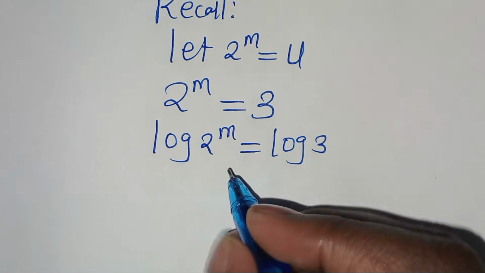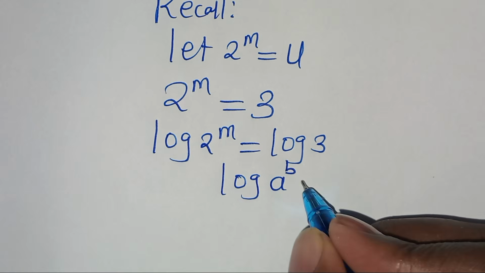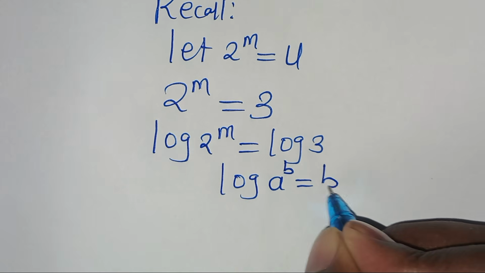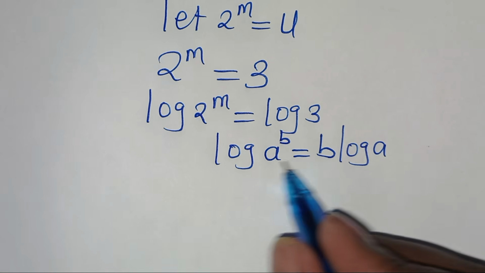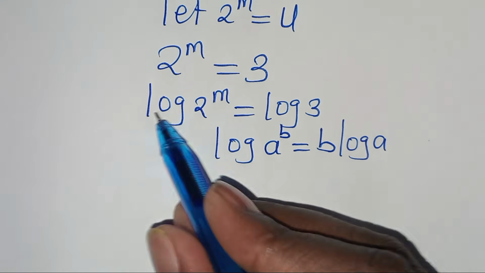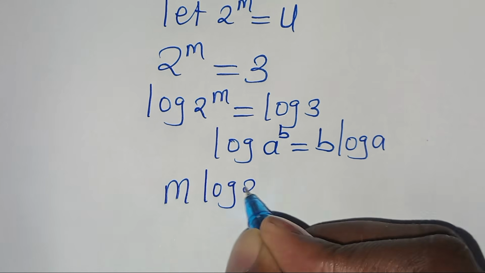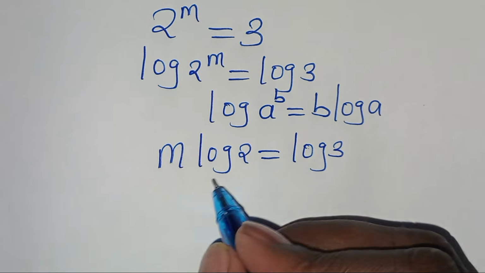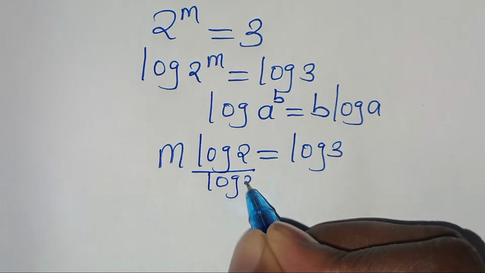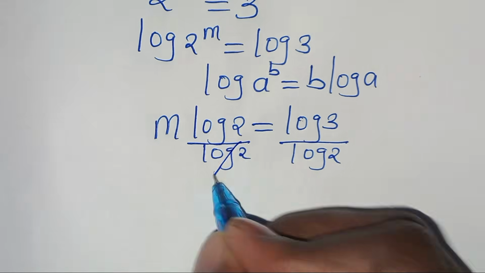Log 2 to the power of m, this is in the form of log a raised to the power of b, which can be expressed as b log a. Let's apply this power log property so that we have log 2 to the power of m as m log 2. This is equal to log 3. So let's divide both sides by log 2, so that we simplify here.